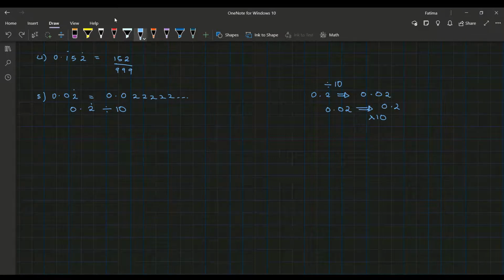Because 2 is a single digit that is the recurring part of the decimal, I can write 2 in the numerator, and simply because there is only one digit that is constantly repeating, I will only have a single 9 over here. But to complete it, we would also have to write divided by 10. So when you put this together, this is essentially 2 by 90. And this can further be simplified to 1 by 45. And if you type this on your calculator, this is the recurring decimal you would get.